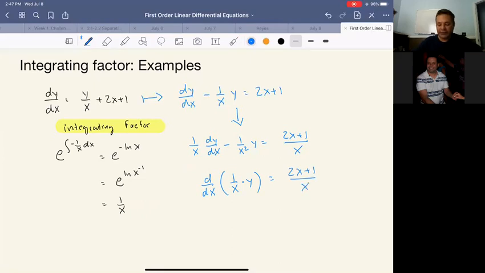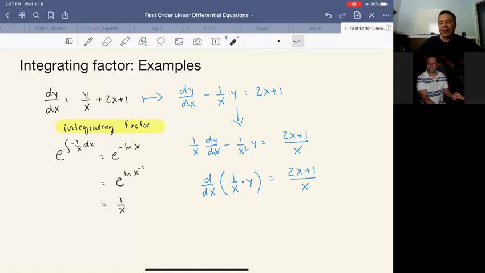You can check that if you want, using just the product rule. So 1 over x times the derivative of y plus y times the derivative of 1 over x. What's the derivative of 1 over x? That's right, it's negative 1 over x squared.